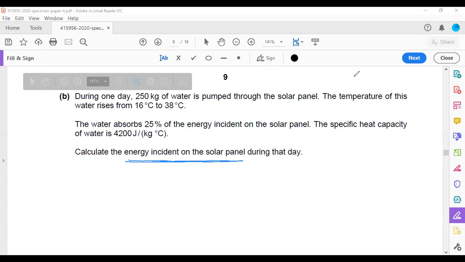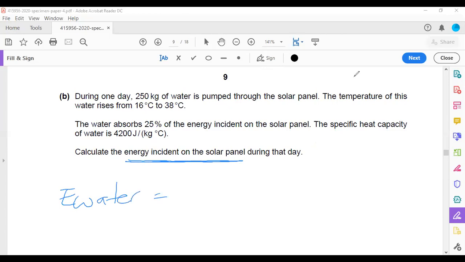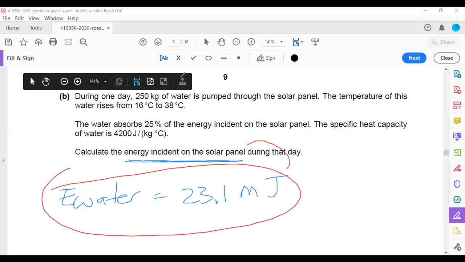We only know the energy we calculated for the water to be 23.1 megajoules. However, they said that this value here is only a quarter of the amount that is supplied to the panel. So if it's just a quarter of the amount, or 25%, then obviously it's going to have to be more.